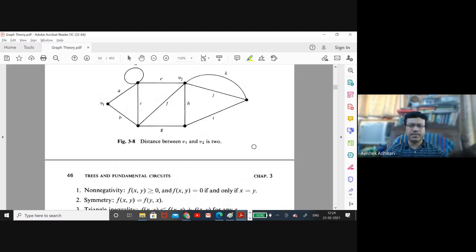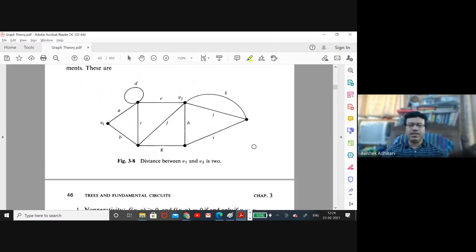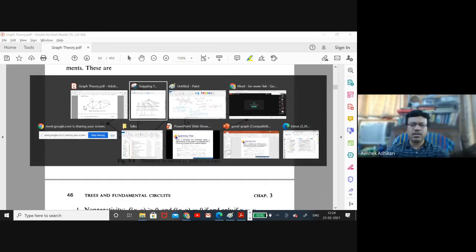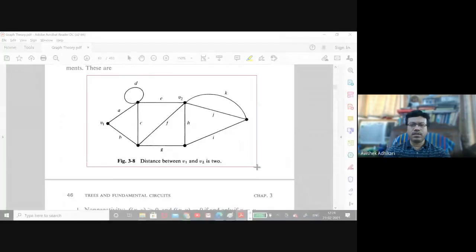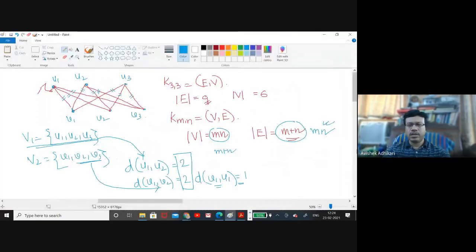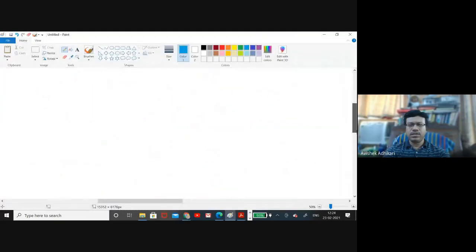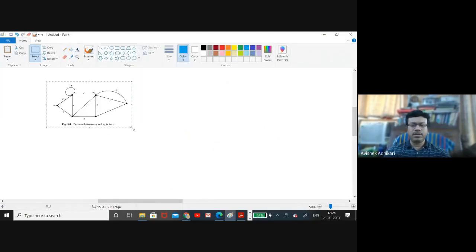So tell me which will be the center of this graph. I'll just cut it from here. That would be a good exercise, which will be the center of this graph.